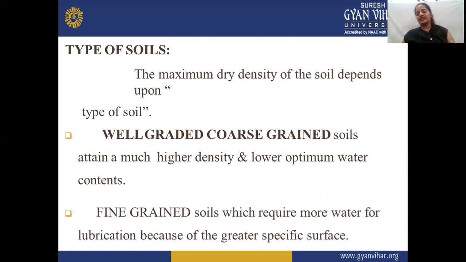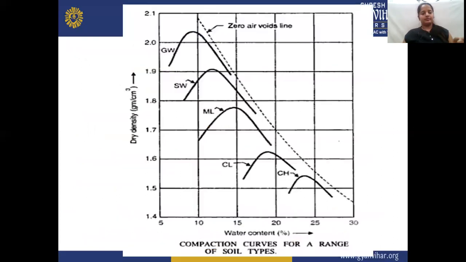So if you have well graded soil, go for it, because it gives much higher density and much better compressive results. But for fine grain, because they require more lubrication, the water content should be added in a higher quantity.